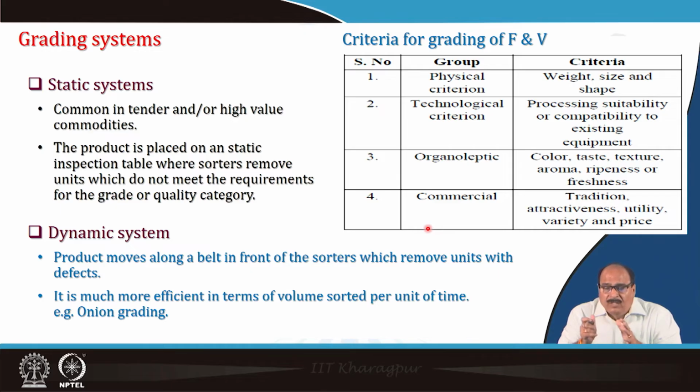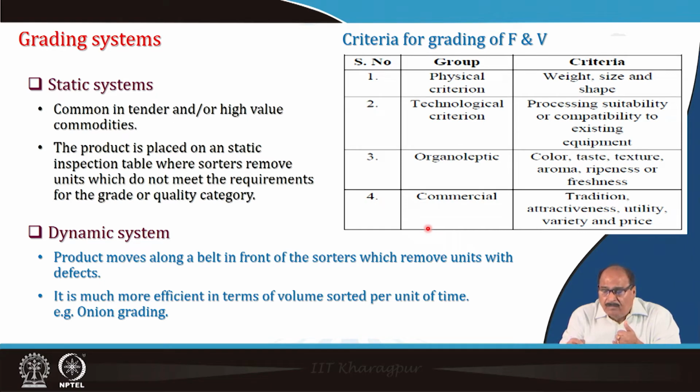Okay. So, the general criteria for the grading of fruits and vegetables may be physical criteria, technological criteria, organoleptic criteria, or commercial criteria, etc. In the commercial criteria, tradition, attractiveness, utility, variety, price, etc., can be used.